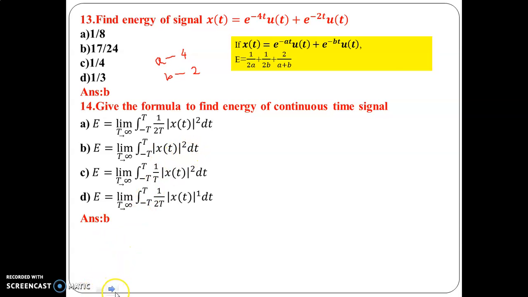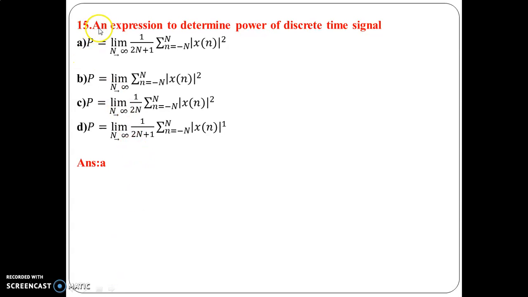Next question, an expression to determine power of a discrete time signal. P is equal to limit n tends to infinity 1 by 2n plus 1 summation n is equal to minus n to n mod x of n the whole square. So this is the right answer.